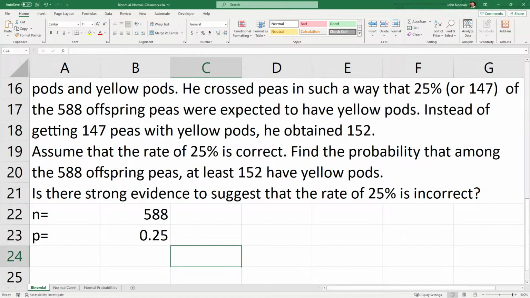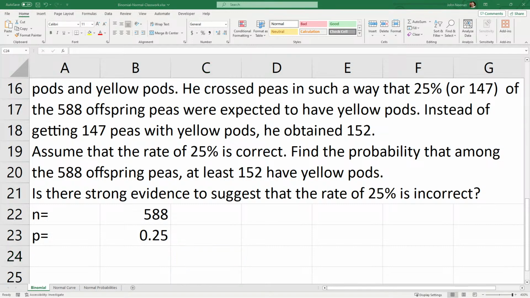If you would have done this experiment and gotten exactly 25% of your pods yellow, then this would be the correct number. But of course, statistics or biology in particular, but any science is inexact. And so there's going to be a little bit of variation. So is this an acceptable amount of variation is the question. So let's go ahead and find out.